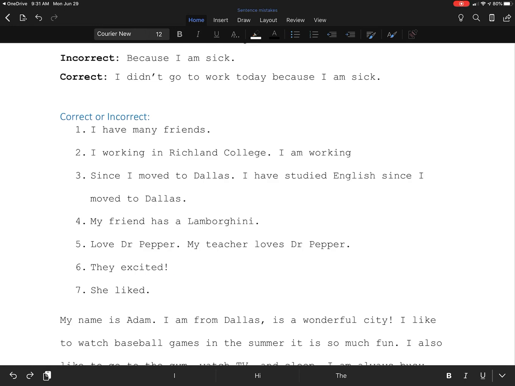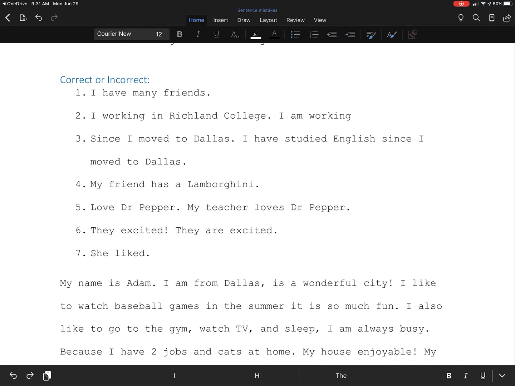Well, excited is an adjective and we're missing a be verb here, okay? So we need to say they are excited. For this last one, she liked. Well, she liked what, right? She liked the song. But we need to say she liked something.